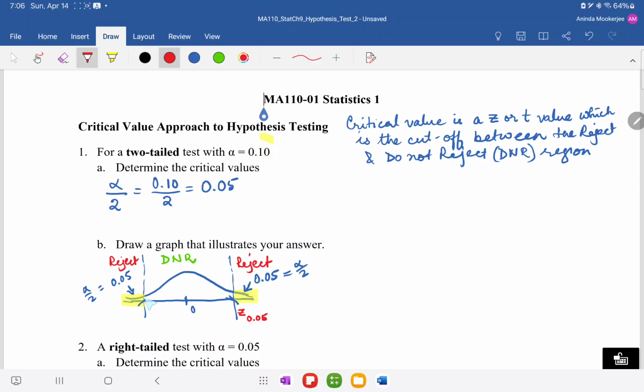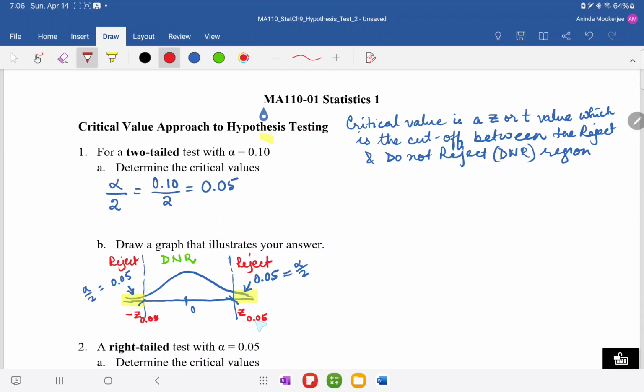On the left-hand side, this cutoff is going to be negative z of 0.05. On the left-hand side, all values to the left of 0 are going to be negative. So just remember that on the negative side, your z value should be a negative value. On the right-hand side, it'll be a positive value.